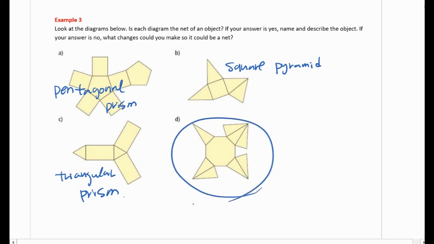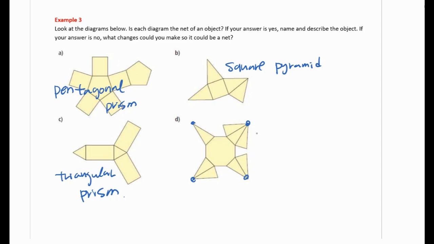And look at this. Looks like it has a pointy top and the letter faces are triangle. It could be a pyramid, but if you look at this face and this face, when you fold it up, they cover each other. Therefore, you cannot make a proper net using this, and this part does not even have a face.